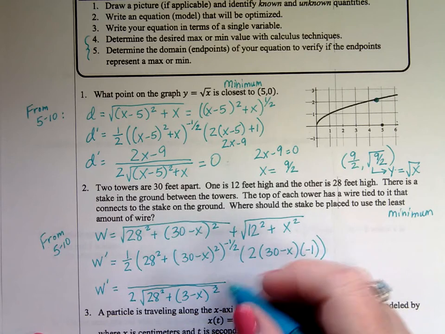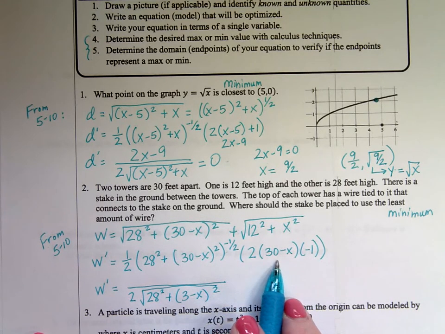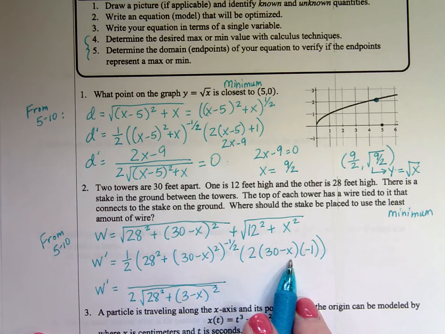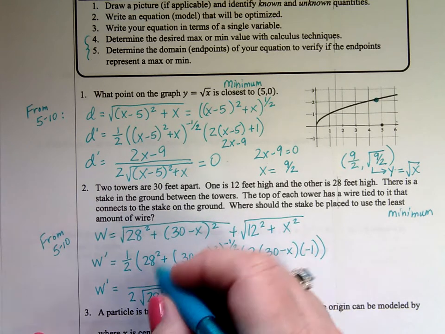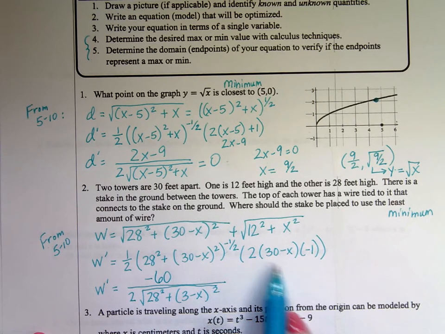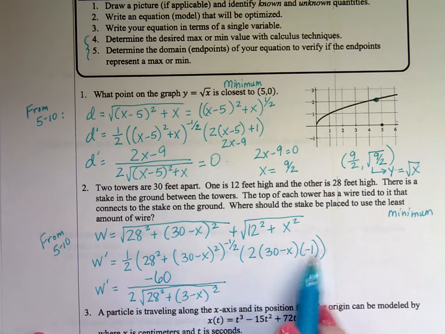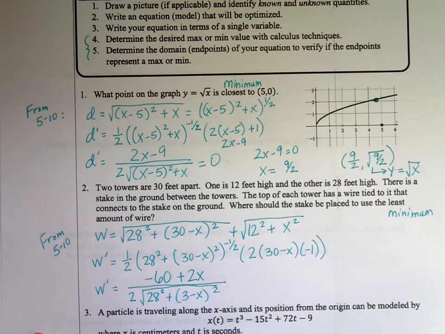Okay, so that takes care of this piece. This piece here is going to be 60 minus 2x, but times a negative 1. So it's going to be a negative 60, and 2 times negative x times a negative 1 is plus 2x. That's in the numerator. Could you cancel the 2, like take the 2 out and cancel it?